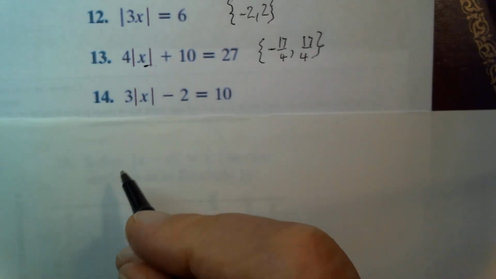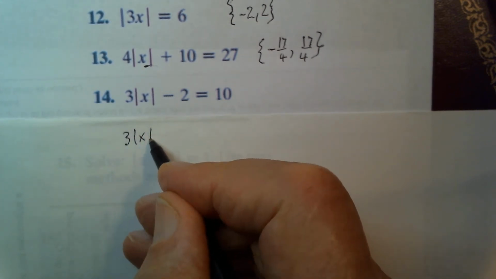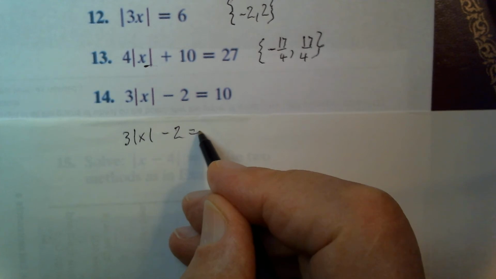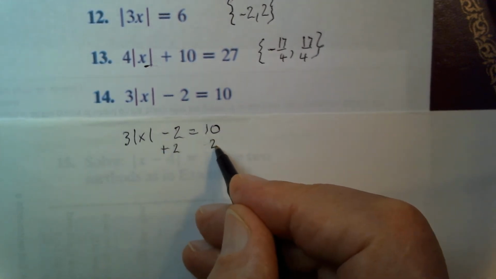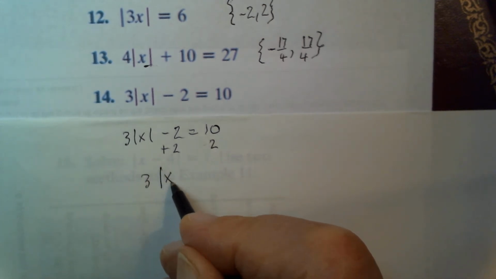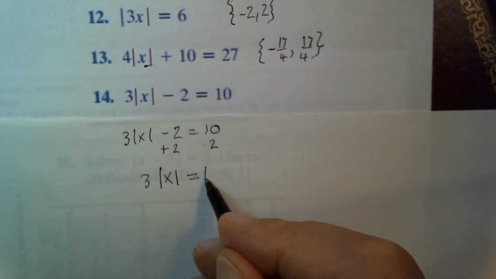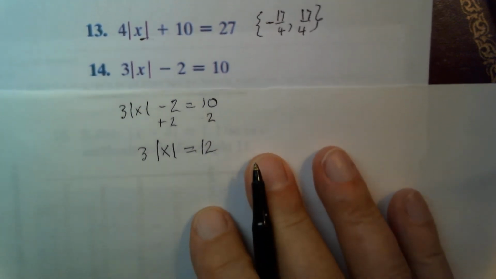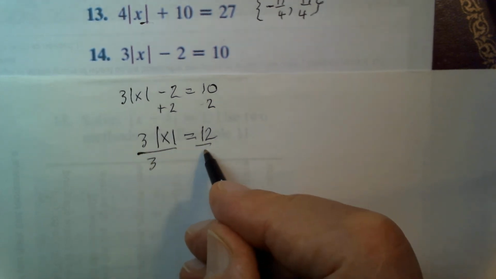We do number 14 in a similar way. 3 times absolute value of x minus 2 equals 10. We add 2 to both sides to isolate the term with the variable. So it gives us 3 absolute value of x, and on the right side we have 12. So now we divide both sides by 3 to isolate the variable.